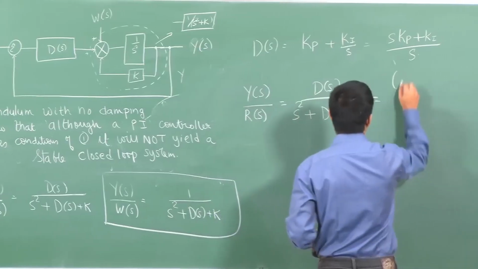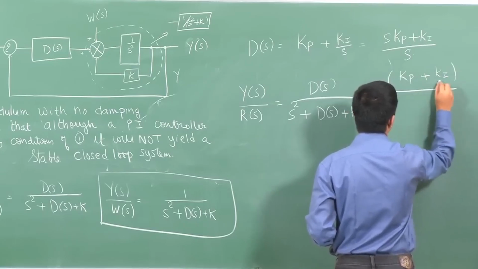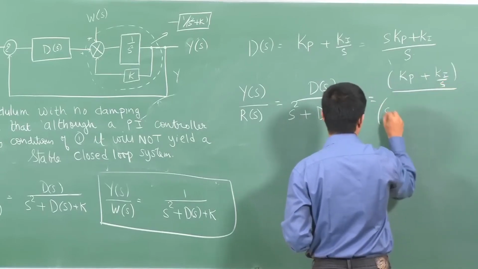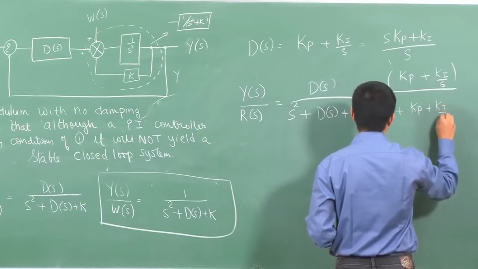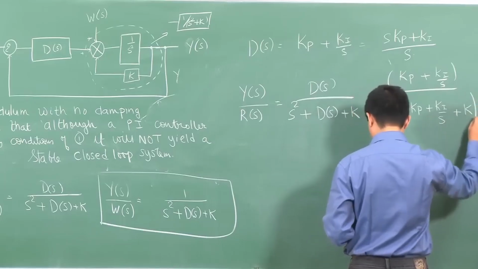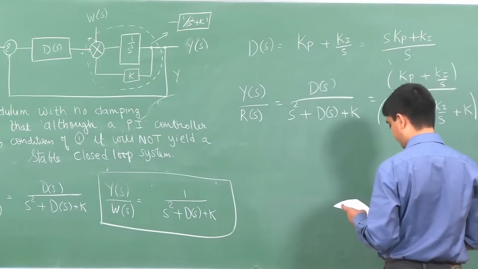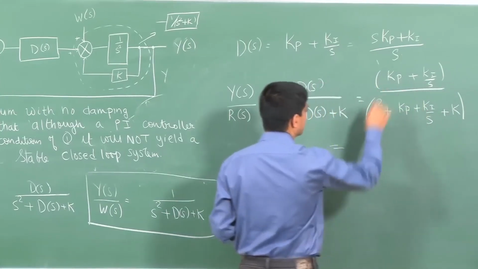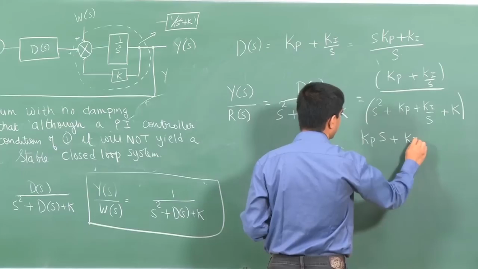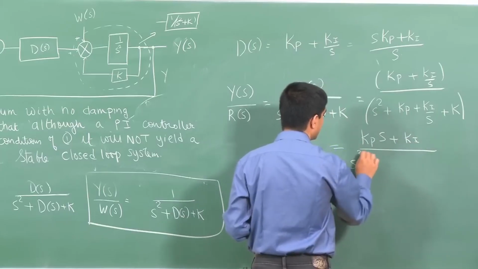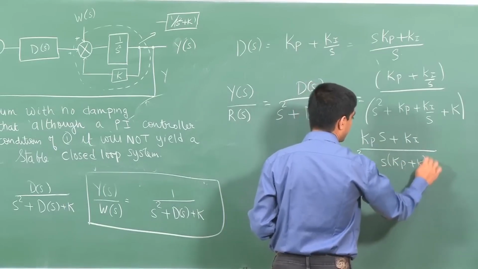My d of s is kp plus ki over s here, and again I have in the denominator s square plus kp plus ki over s plus k. Okay. So, I just do all the computations, kps plus ki. Here I will have s cube plus s kp plus k plus ki.